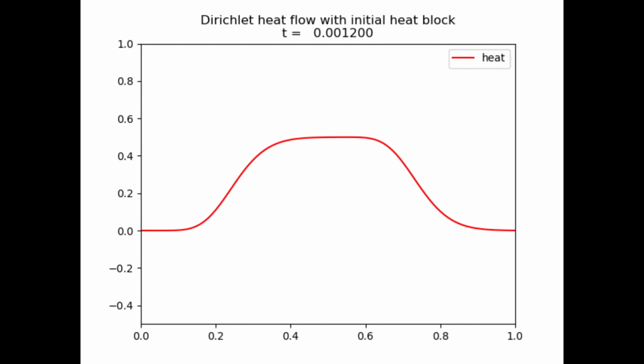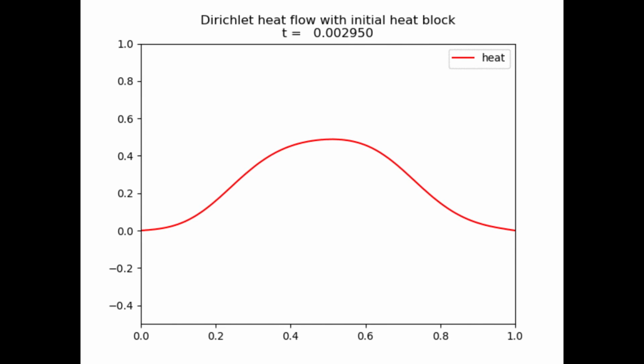As we expect, as time progresses, the heat diffuses out over the entire interval. The initial heat distribution was a piecewise continuous function with 2 jumps, where it changes from 0 to 1 and from 1 to 0 again. But as time progresses, this immediately smooths out.